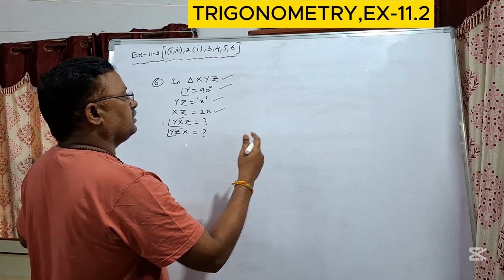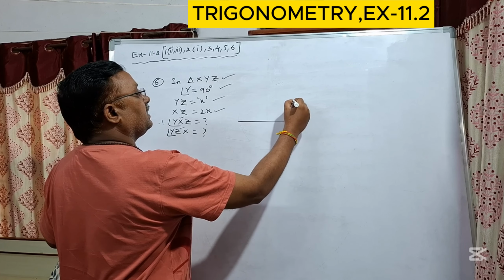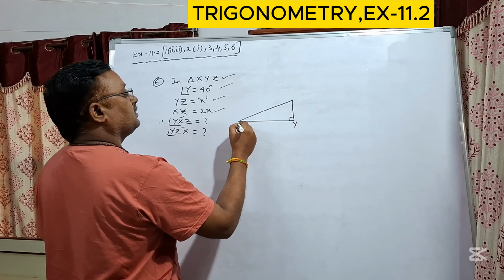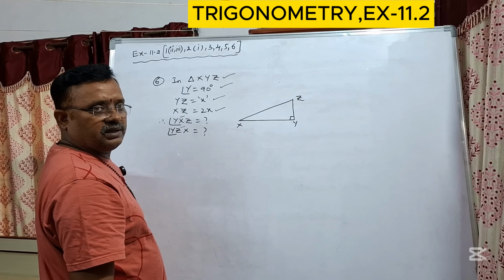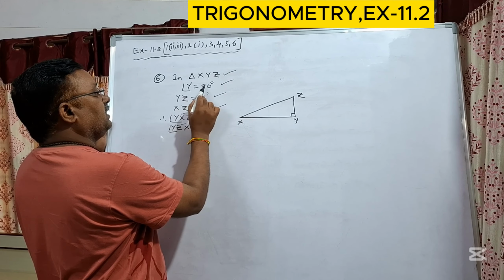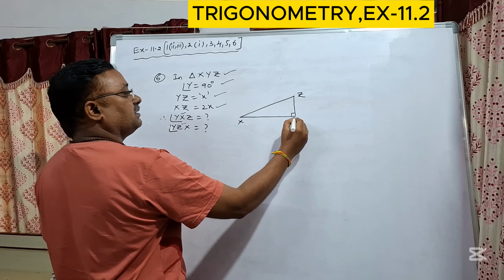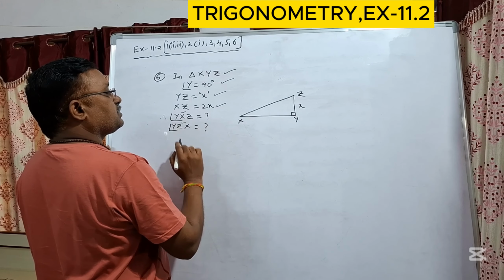Convert it into a rough diagram. Clearly it is a right angle triangle because one of the angles is 90 degrees. It is at Y, so take this one as X and this one as Z. Got it, Nana? Now take the information. Angle Y is 90 degrees. YZ is small x units.